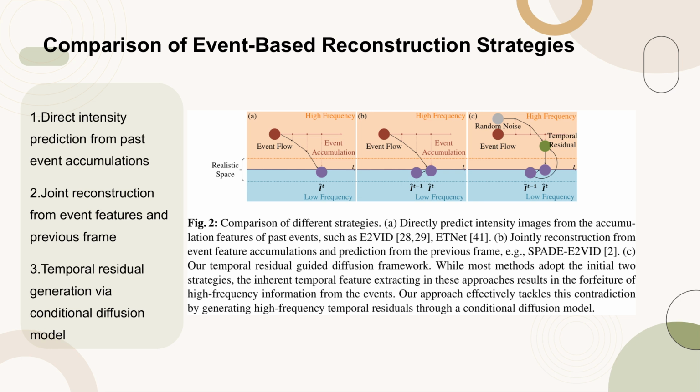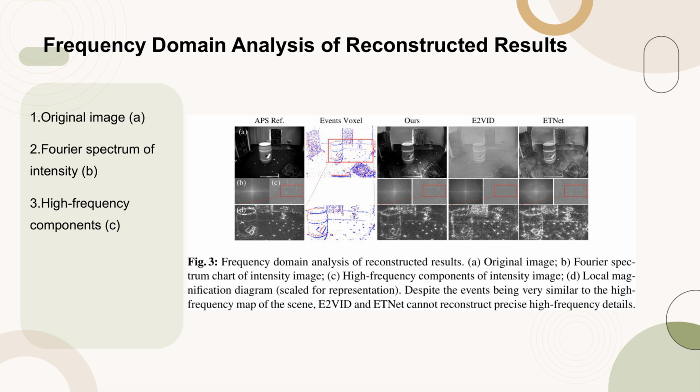Figure 3 presents a frequency domain analysis of reconstructed results. It includes the original image, A, the Fourier spectrum chart of the intensity image, B, and the high-frequency components of the intensity image, C. A local magnification diagram, D, is also provided for scaled representation.